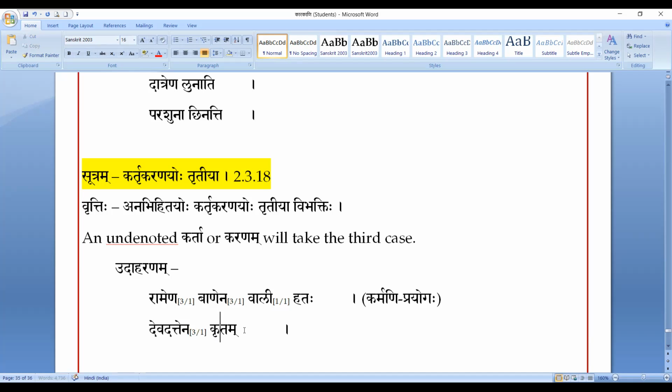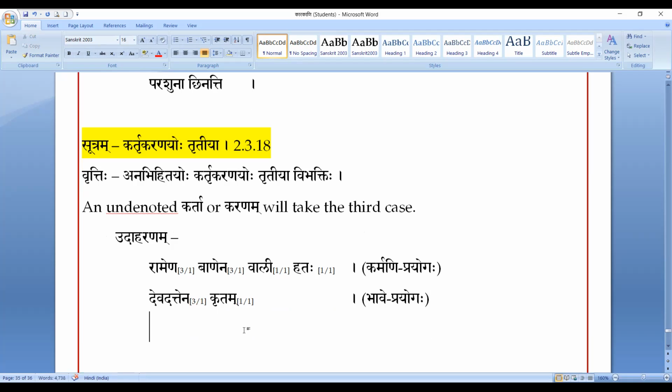Anabhigita Karta, and Kritam is Pratama Vibhakti Ekavachana, playing the role of the verb, like Hataha also. So this is Bhave Prayoga. Devadatta is in Tritiya Vibhakti: Anabhigite Karta Tritiya Iti.